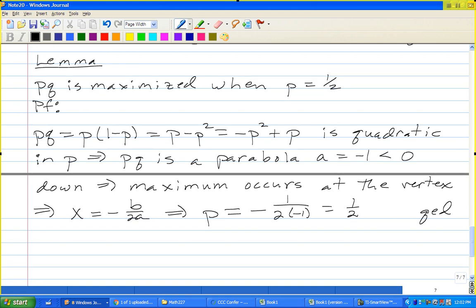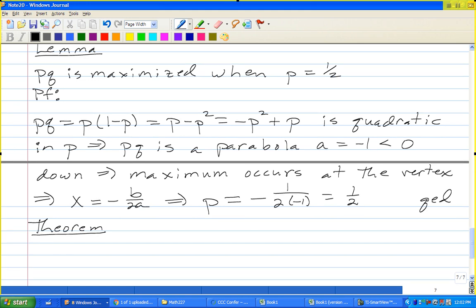Okay. So let's actually show the theorem, what I said, that the variance, or in this case the standard deviation, is maximized.